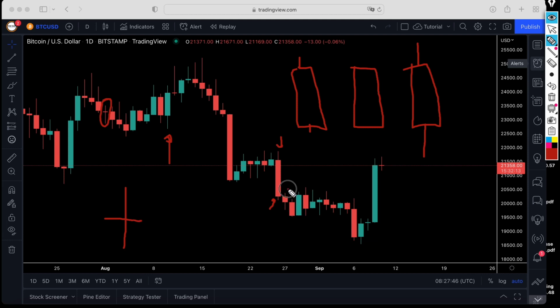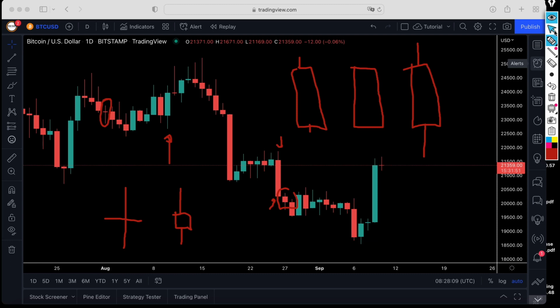Sometimes you find a candle like this red one here, where it has a small body and then a bigger body. It's the same thing, similar to this one. It's just that in this case there is a bit of a difference between the opening price and the closing price, whereas in the other case the opening price and the closing price are still the same.